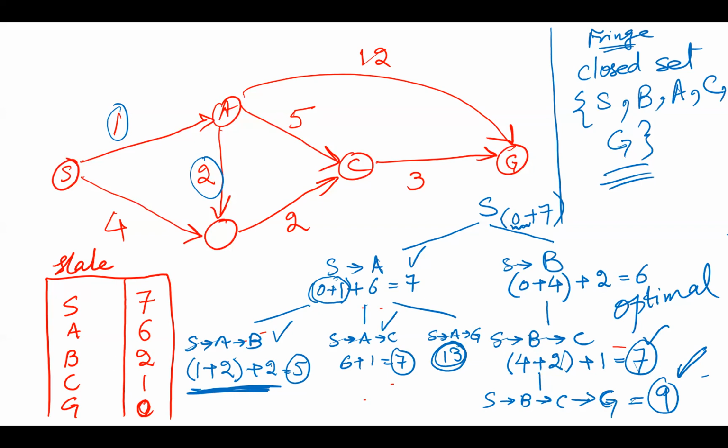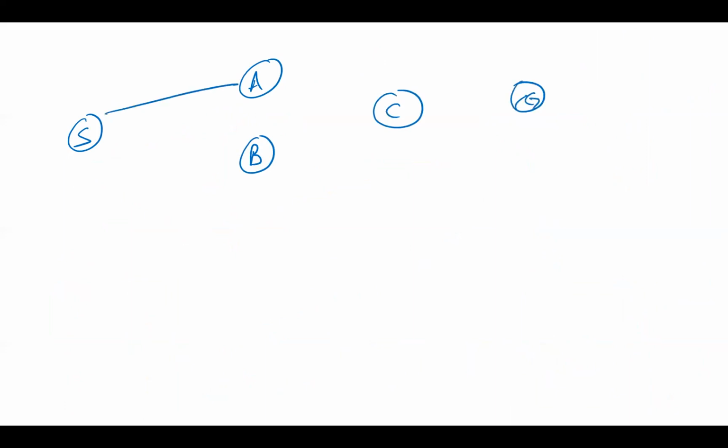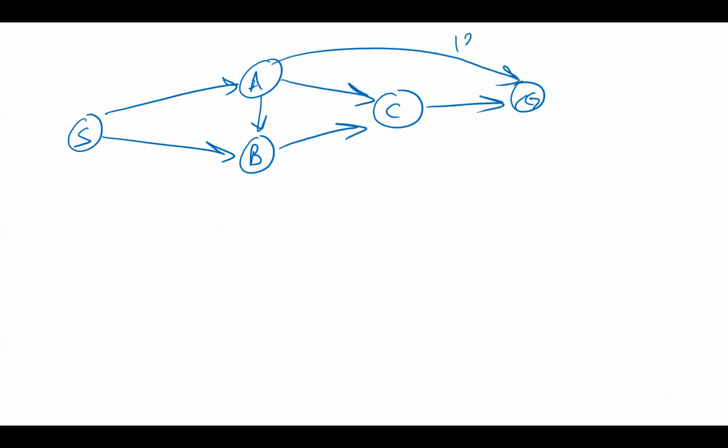slide, and let's go with the same thing. So we had S, A, B, C, G. This was 12, this was 1, this was 5, this was 2, this was 4, this was 2, and this was 3.